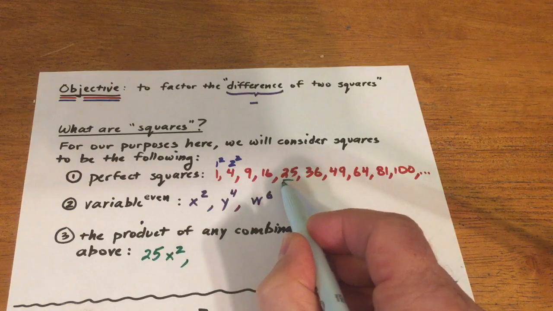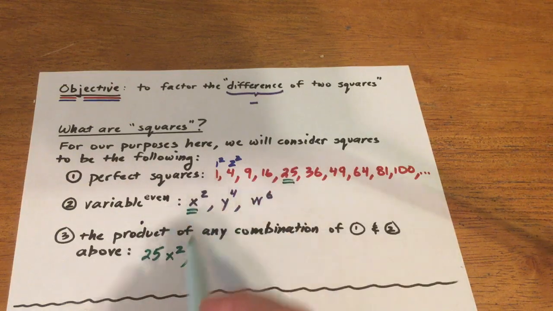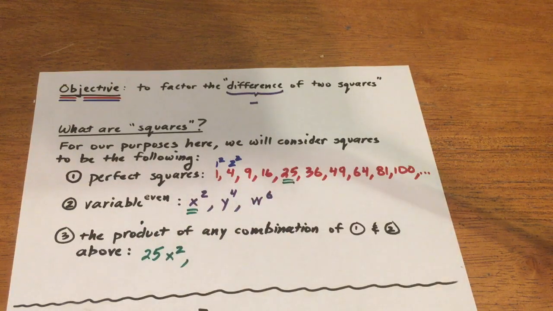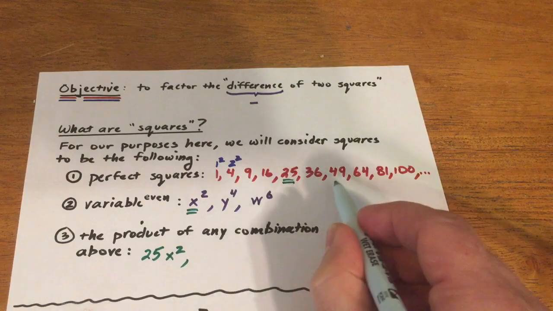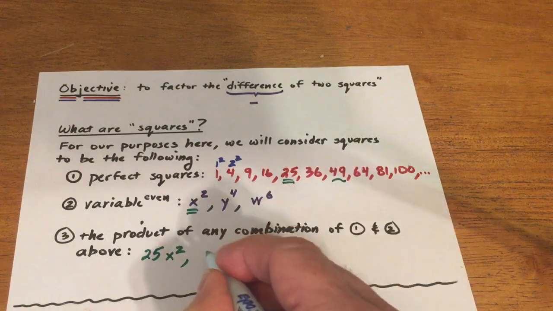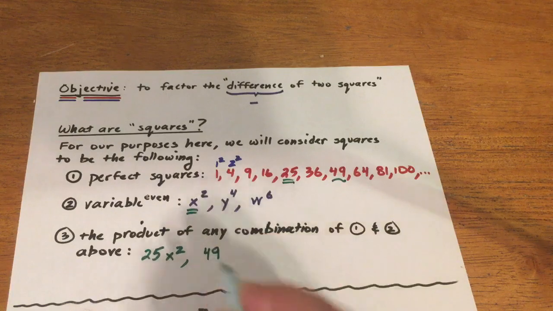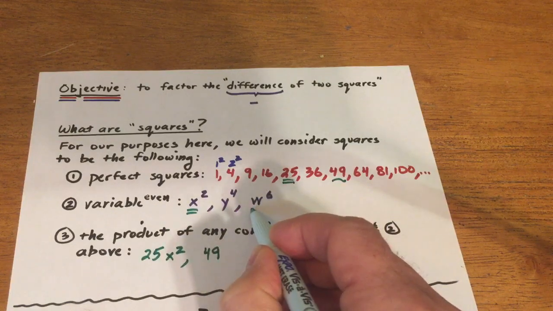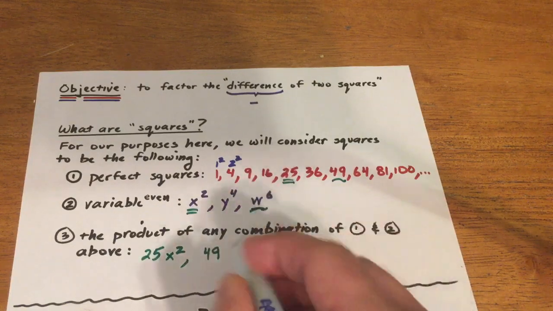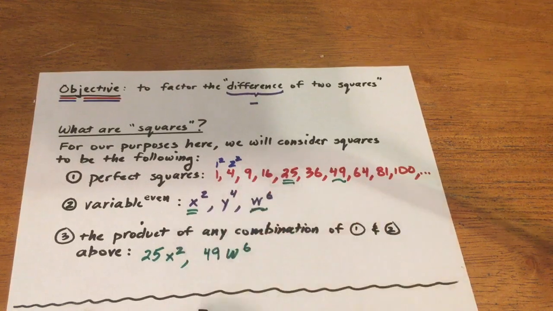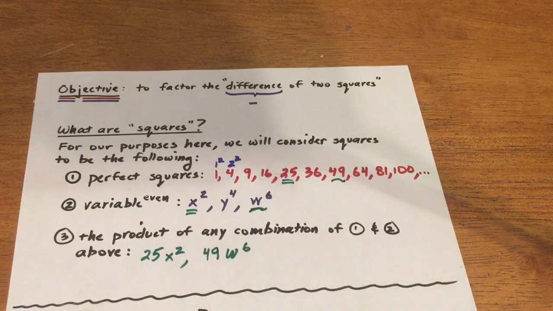So I just chose 1 from here, 1 from here, and then I multiplied those together. Another possibility, choose 1 from here, 49. Doesn't matter which number you choose, of course. And w to the 6th. All right, so that's what we have with squares.